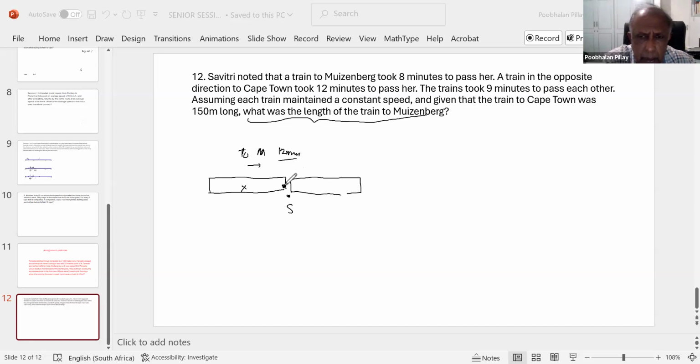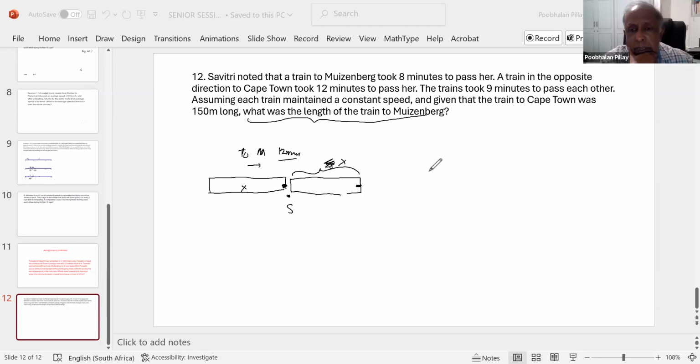And that point which Savitri saw right in the beginning has now moved to that, right? So that point has moved through a distance x, because that's the length of the train.